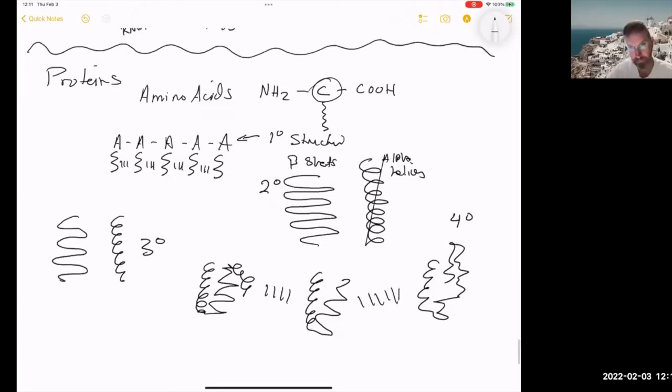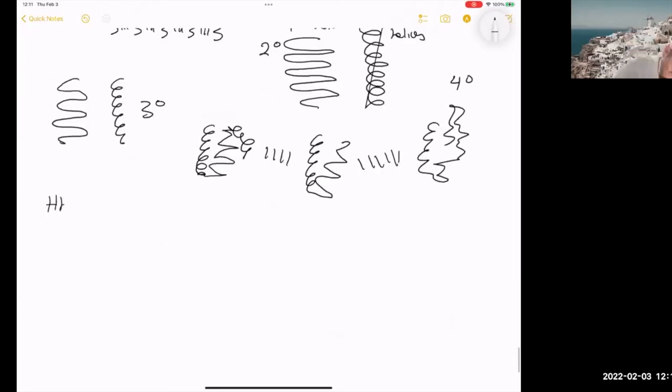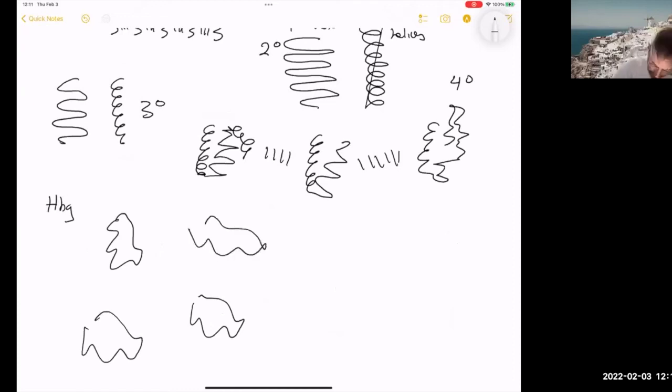So something like hemoglobin, for example, is a good example of a quaternary structure protein. It contains 4 globulins, 4 large chains. You've got 2 alphas and 2 betas, and then they all come together to form the hemoglobin molecule.